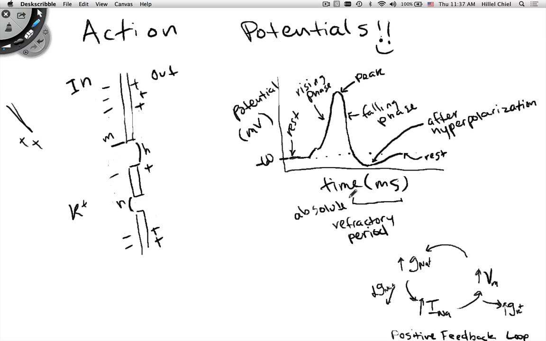Then, as it starts to recover, you have a period where it takes more to fire it, and that's referred to as the relative refractory period. And that's because your H gates have reset, and same with your M gates, but you've just got these huge positive charges leaving. Well, they're partially reset, they're not fully reset. Okay.